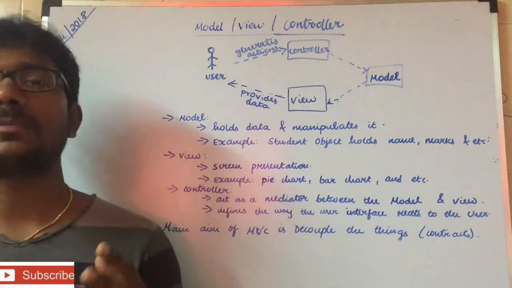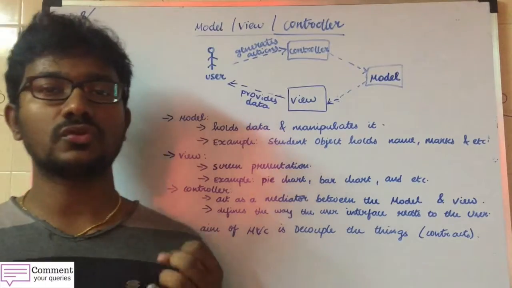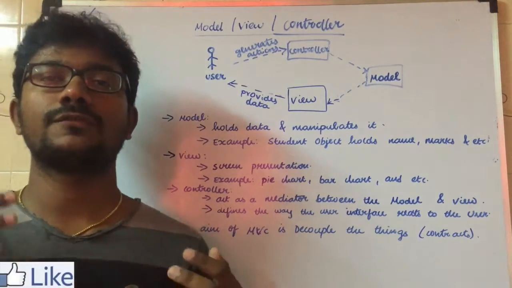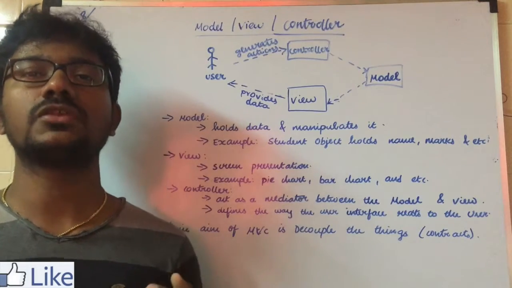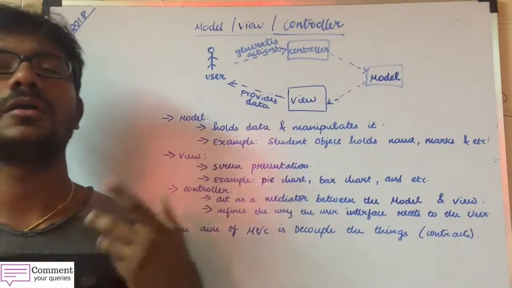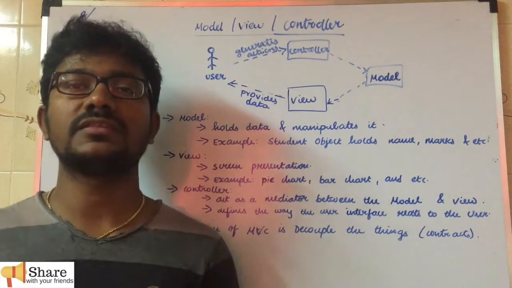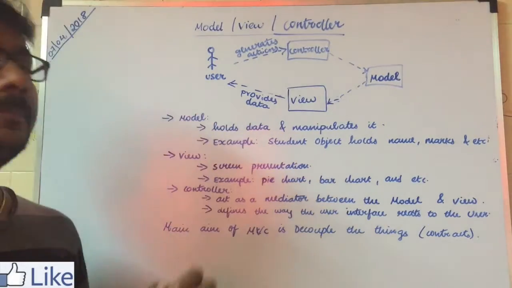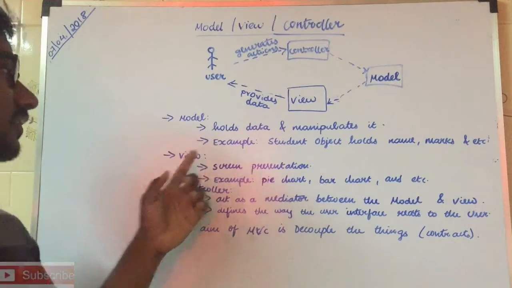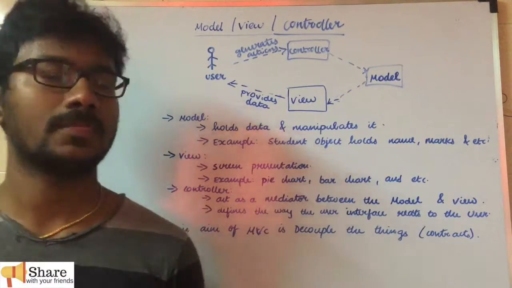That view layer may differ from one application to another. If you are using Google Analytics, you would see pie charts and bar charts. If you are using some online site, you would see filters and products. The things that you are seeing are the presentation layer. Every application has its own presentation layer, for example pie chart, bar chart, and so on.